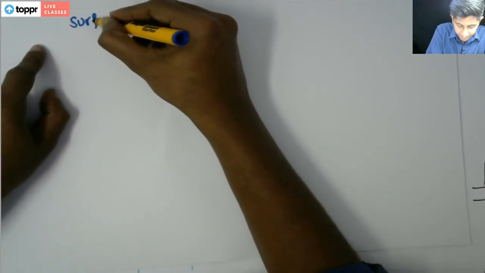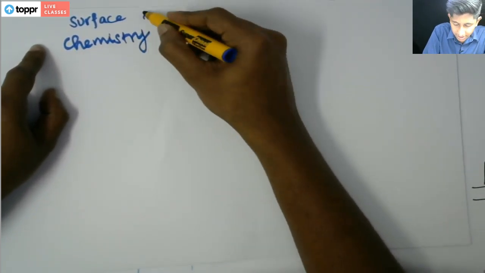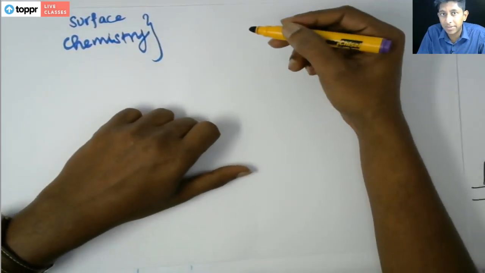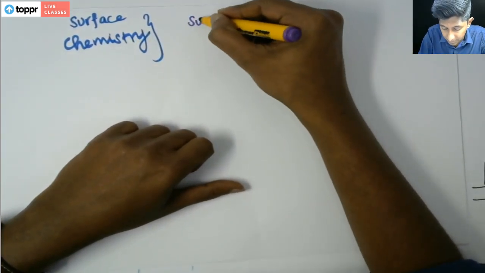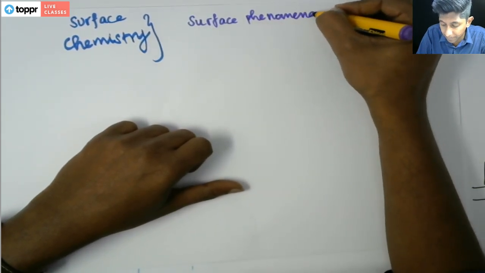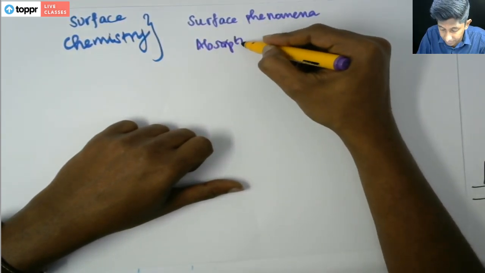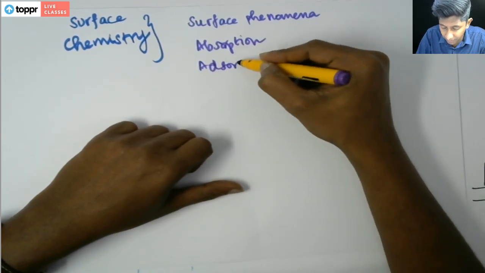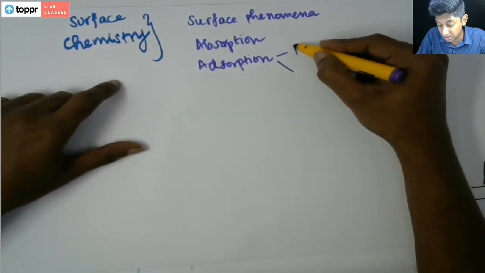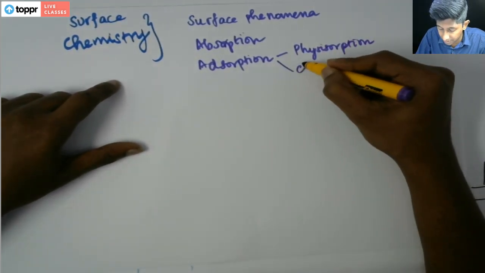Surface chemistry. Hope my handwriting is legible to you guys. So today's main topics that we're going to cover are: what happens in surface phenomena, what the different surface phenomena are, what is absorption, what is adsorption, and different types of adsorption, which are physisorption and chemisorption.